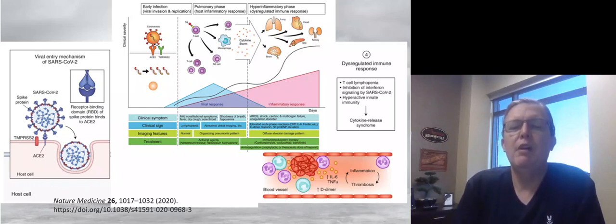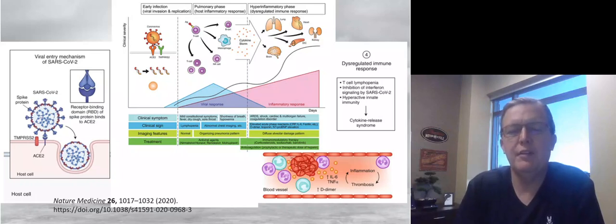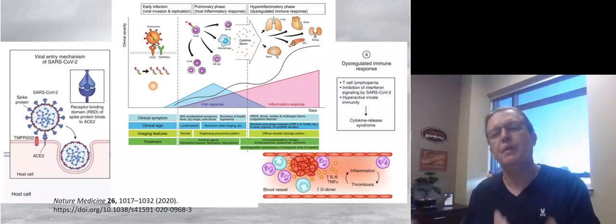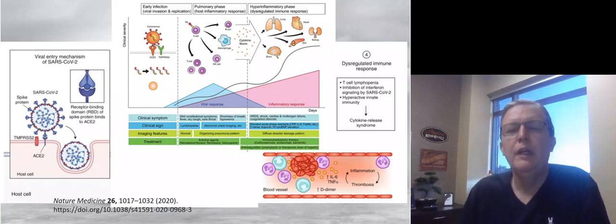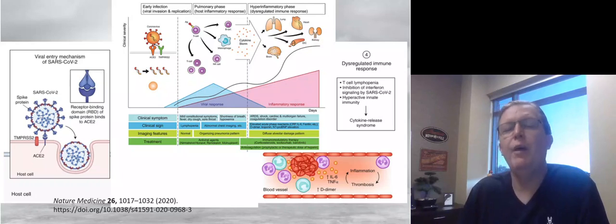So this is the viral replication portion, as well as the body's viral response. So obviously, as the virus multiplies, the body's going to respond to it. But then that begins to fade off after, somewhere in the 1 to 14 day range. That replication part and viral response fades off.